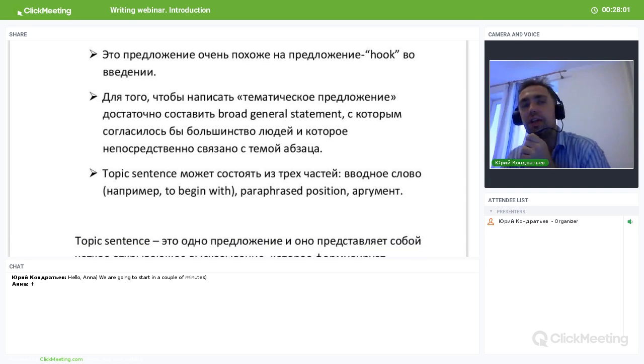The way to do this is to write a topic sentence, and it's sometimes just a broad general statement with which, again, most readers would agree. And don't forget about parenthetical words, like an introductory phrase, such as to begin with. Then it's your paraphrased position and an argument.